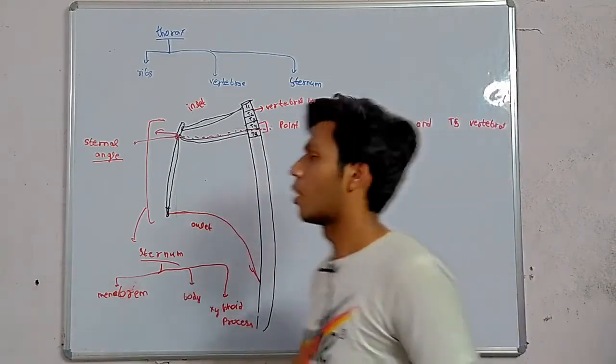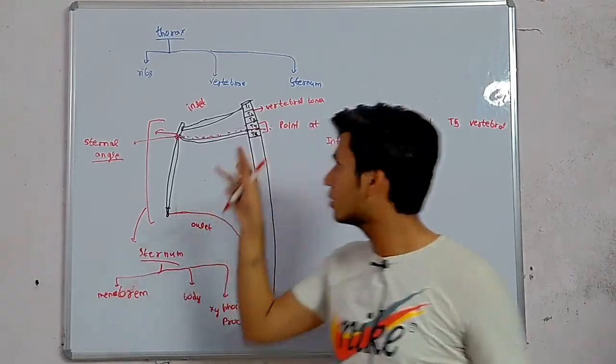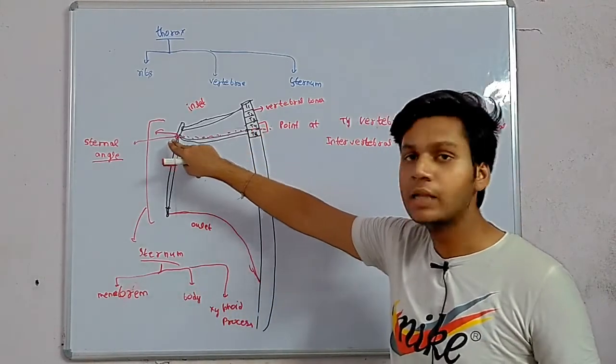So on vertebral column we get the intervertebral disc of T4 and T5 vertebra. So this is the important landmark at external angle.